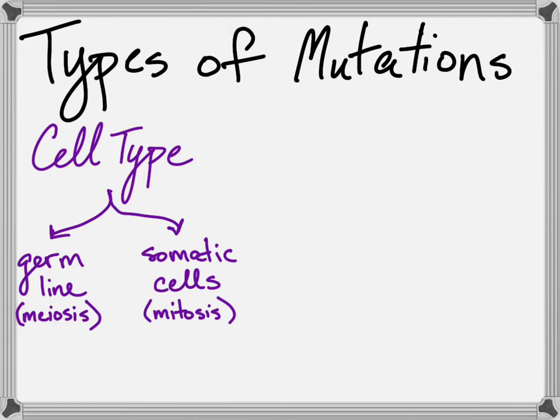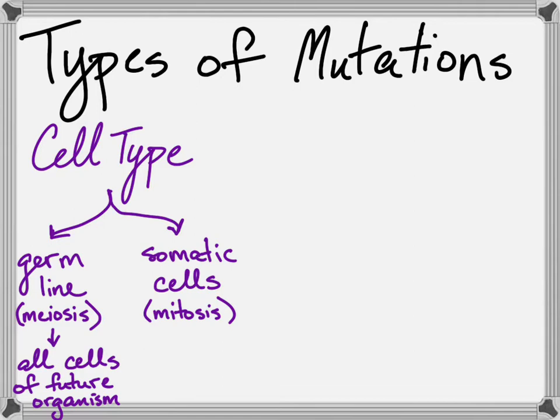So the after effects of these two types of mutations would be, in a germline mutation, all the cells of the future organism are going to carry that mutation. So these are the kind of mutations that can be passed on to future generations, and maybe if they're a beneficial mutation, they can become a wider part of the population genetics.